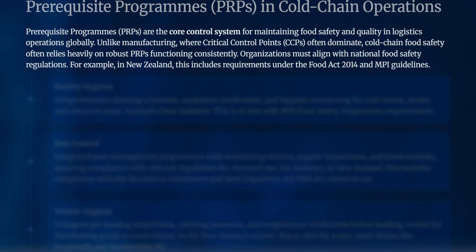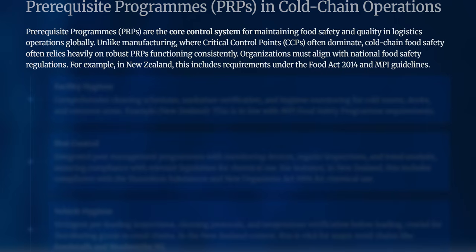If we are combining our operations, if we have cold chain and we have manufacturing within our facilities, then we should know that PRPs are as important as CCPs in manufacturing, but they are not the same. That means the robust CCPs in manufacturing are equivalent to robust PRPs in cold chain operations.